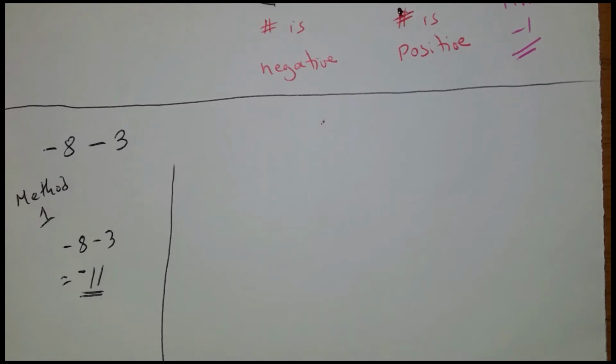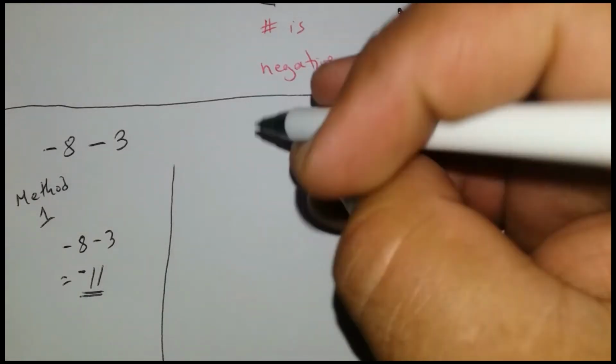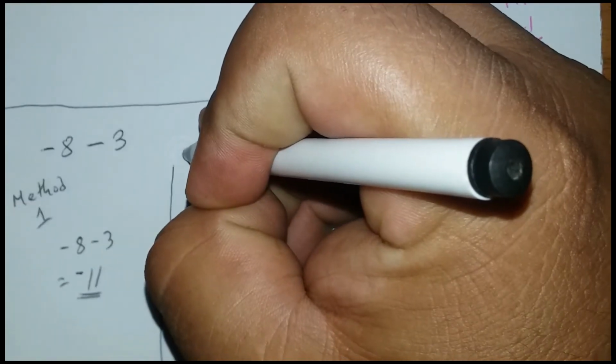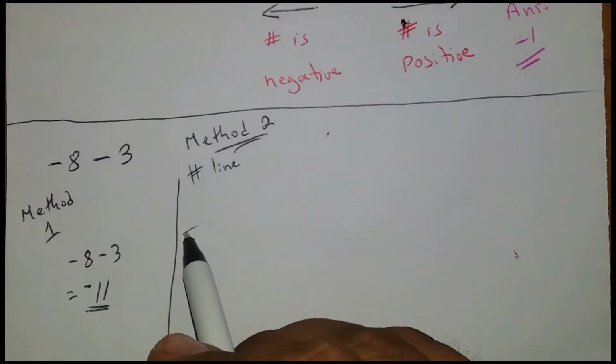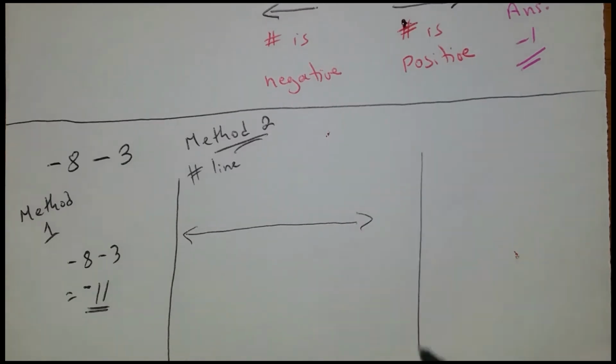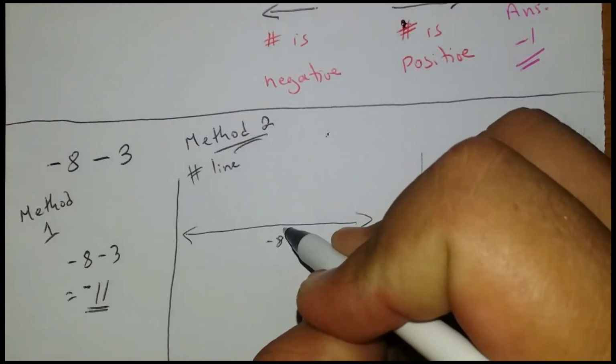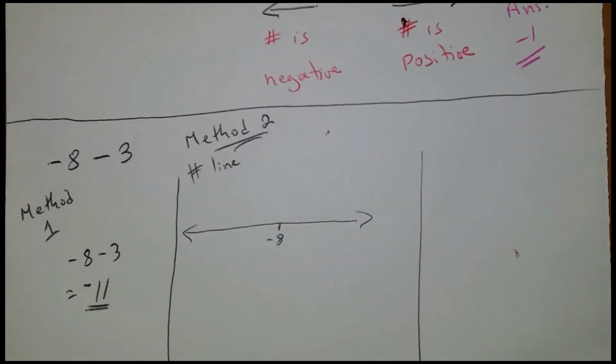Now, that is method 1. That is using the rules, right? Method 2 is the number line. For method 2, let me quickly place a number line here, and we're going to place the -8 in the middle, and then we're going to count either to the left or to the right.